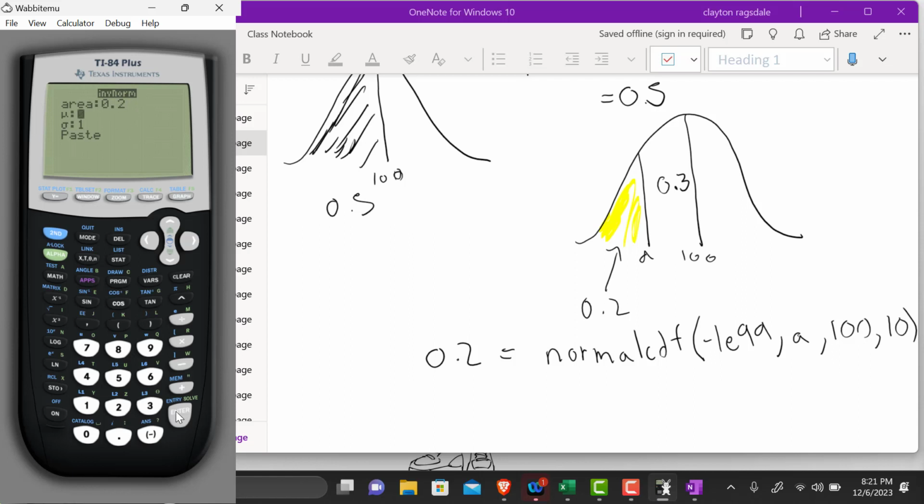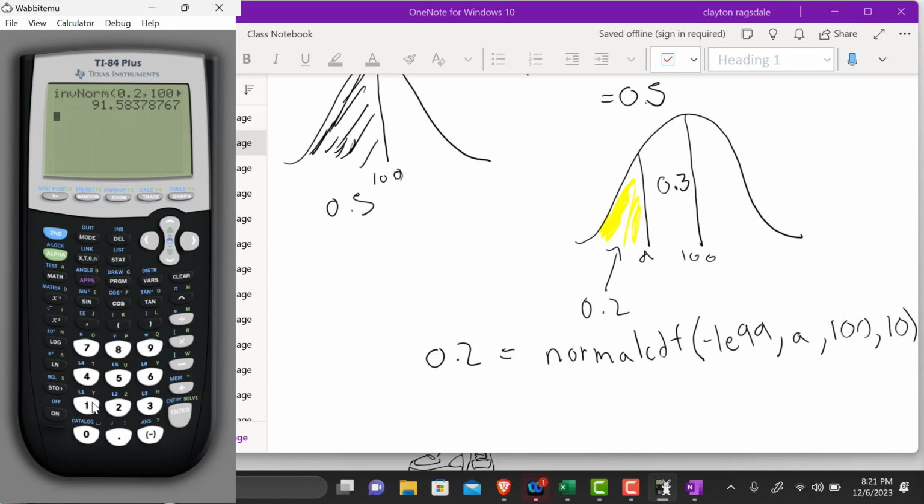Our mu here is going to be still 100. Our standard deviation is 10. And so we have 91.58. And I think some people who have the updated version might be asked for a tail. In this case, we're looking at the left tail.